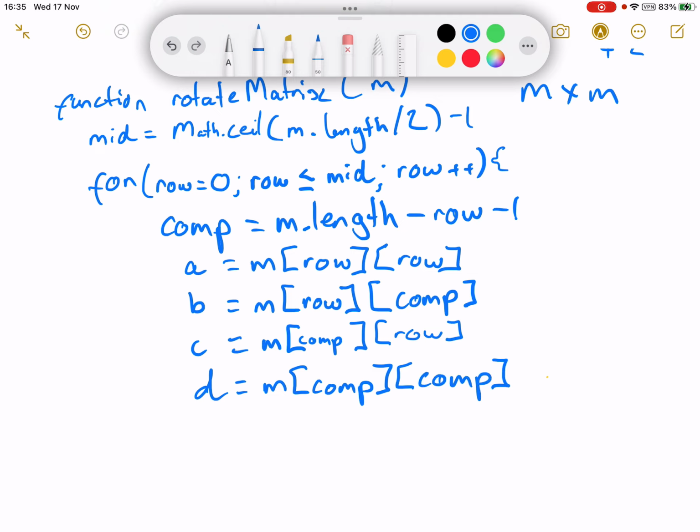Right, so now we need to fill those cells.